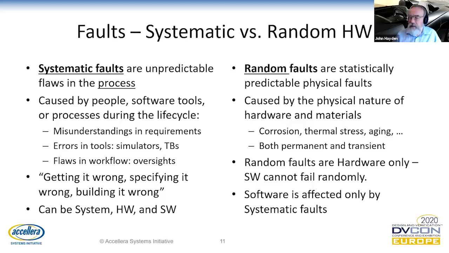Note that we have to consider both permanent and transient and systematic and random faults in our analyses. And again, software is only considered to have systematic faults. Software doesn't fail randomly. Faults in software are viewed to be flaws in the design process of the software.